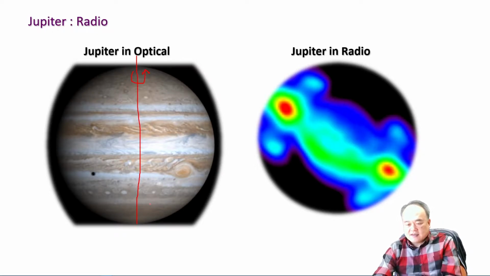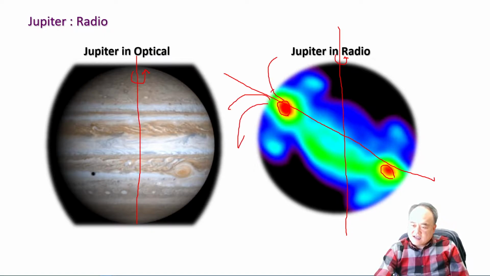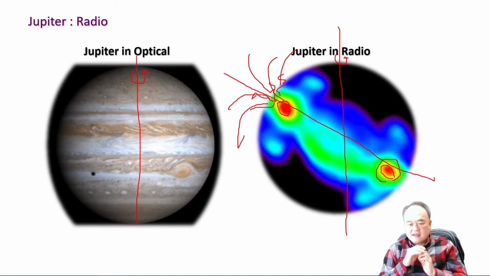When we observe Jupiter in radio, it has a concentration of bright radio emission, as if the magnetic pole is tilted away from the rotation axis. This magnetic polar region has a concentration of magnetic field lines, so there is more intense synchrotron radiation coming from the polar regions. A tilted magnetic pole from the rotation axis is very common.